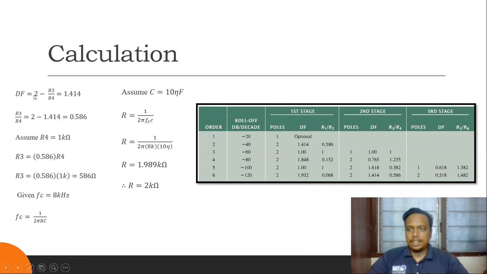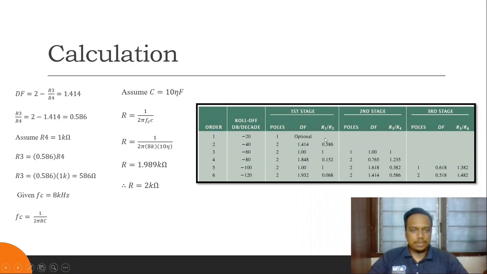You can see 2 minus R3 over R4 is equal to 1.414, the damping factor. As you can see, this is second order, and this is the first stage. So we get 1.414, and by doing normal math we get 0.586.